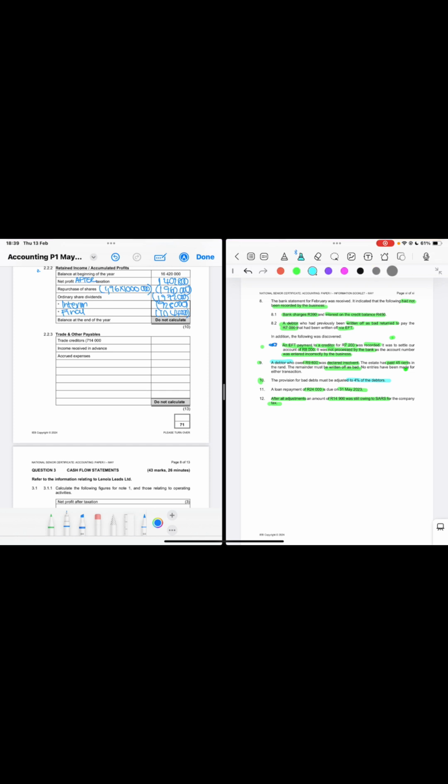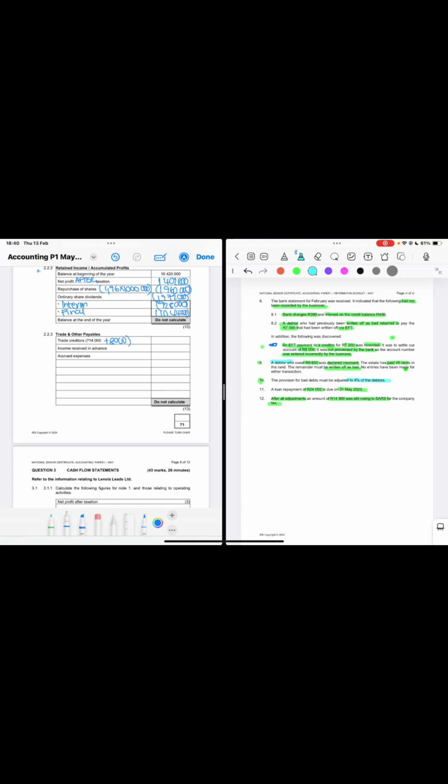With 8.3, we were told that the following was discovered. An EFT payment to a creditor for 7,200 was recorded. It was to settle an account of 8,000. Remember, it was not processed because we sent it to the wrong account. So that means we still owe our creditor money. So we had to reverse what we had recorded. So we need to increase the amount we owe the creditor again. So that will be 7,200 plus the 800 from the discount received, or just the 8,000. So we'll be adding back the 8,000 to your trade creditors.